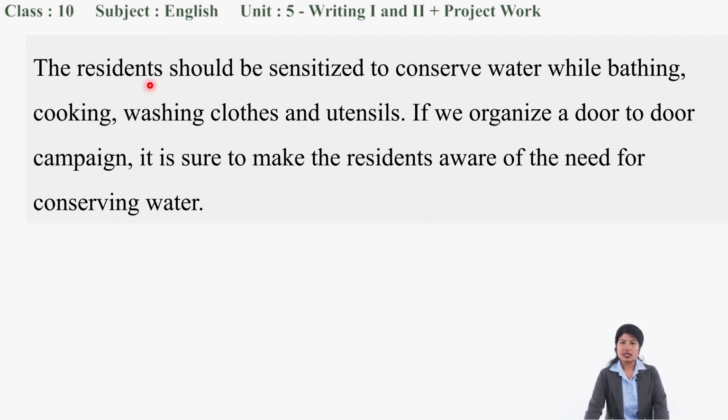The body continues. The residents should be sensitized to conserve water while bathing, cooking, washing clothes and utensils. If we organize a door-to-door campaign, it is sure to make the residents aware of the need of conserving water.